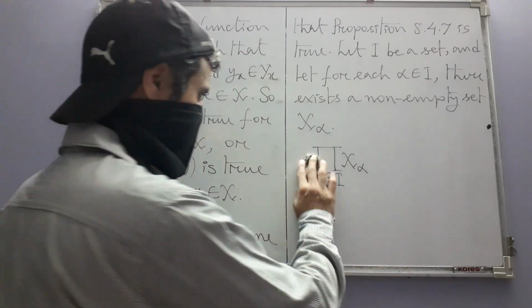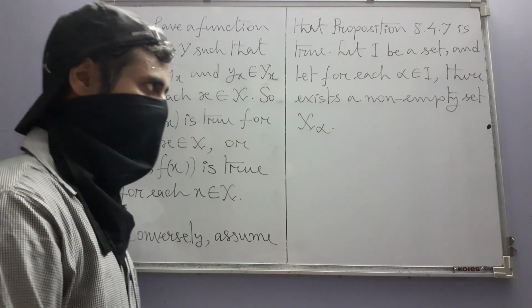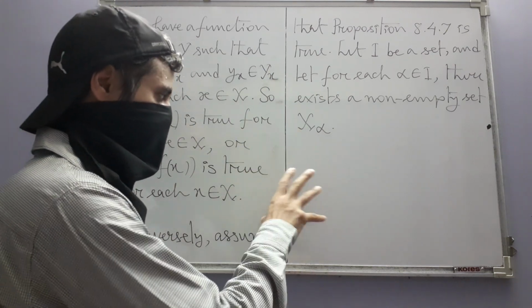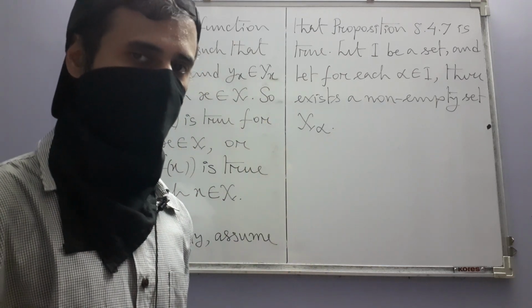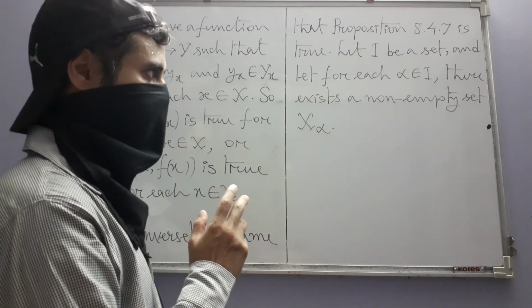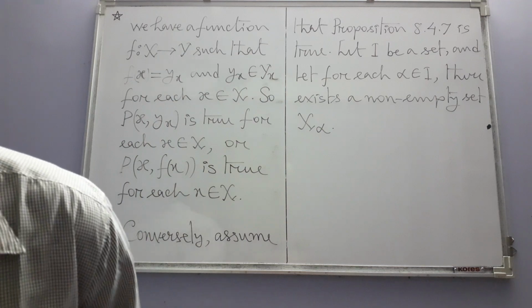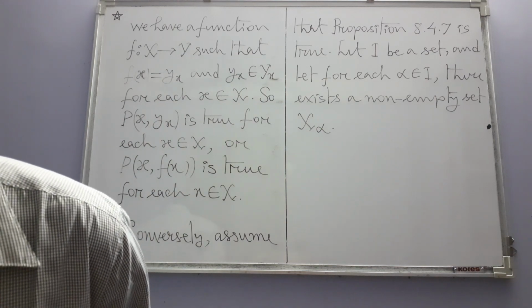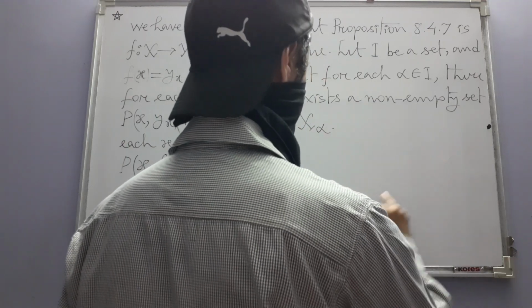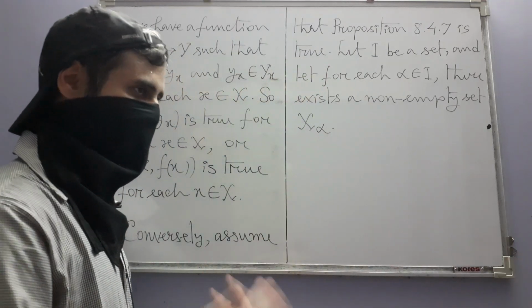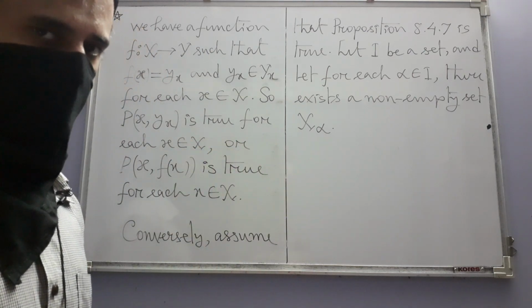So the thing here we have to apply is, of course, this proposition 847, but in order to apply this proposition, you need that statement P. So where will that come from? That is the question. P of course will come only after you have the sets X and Y, because from them the elements x and y are going to come respectively.